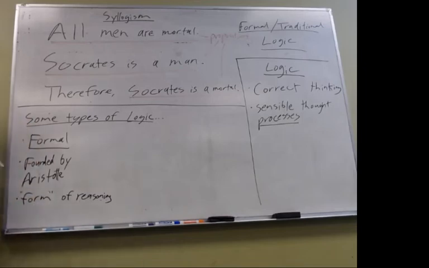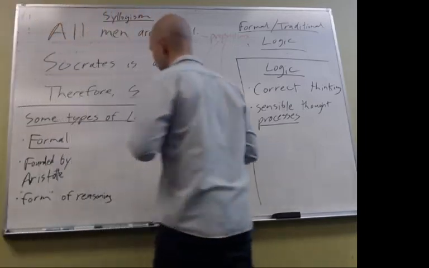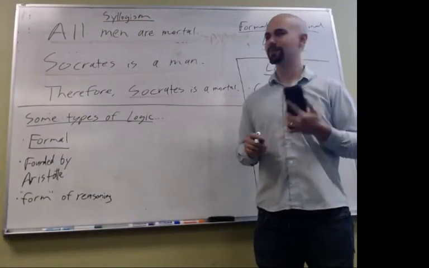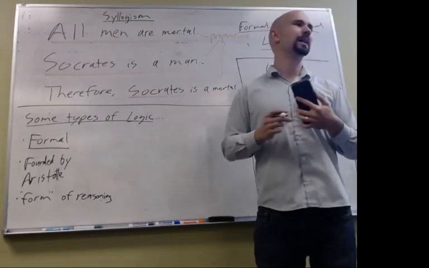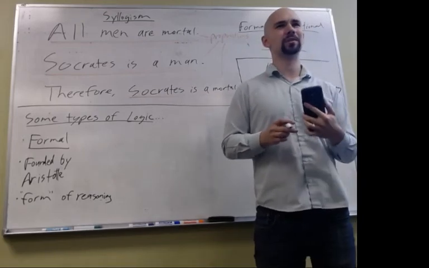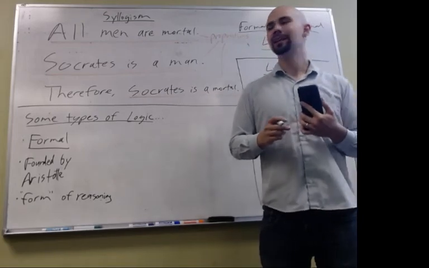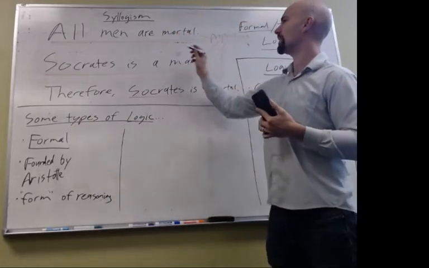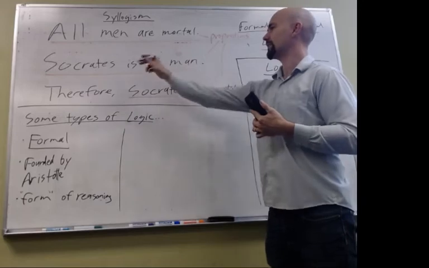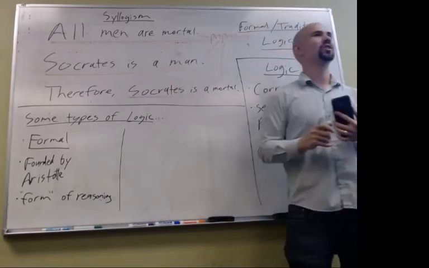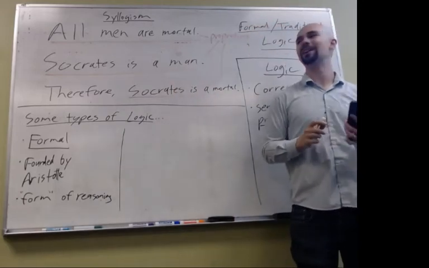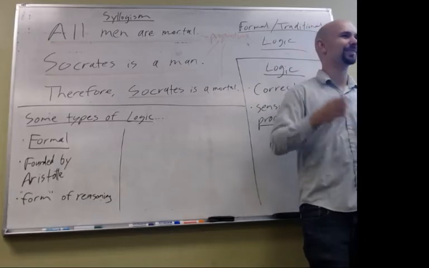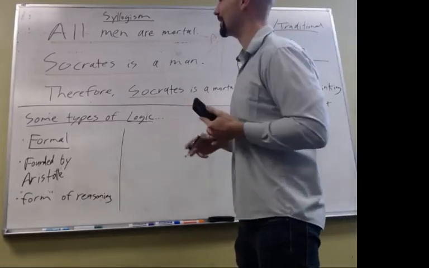It's good if you can use formal logic to create true arguments, but the actual study of formal logic is about the structure, not whether or not the end result is true. Does that make sense? So it would be like if you said, all men are fish sticks. Socrates is a man, therefore Socrates is a fish stick. Somebody would be like, that's absurd, but Aristotle would be like, very good, because you have the right structure to your argument, even if the outcome is untrue.